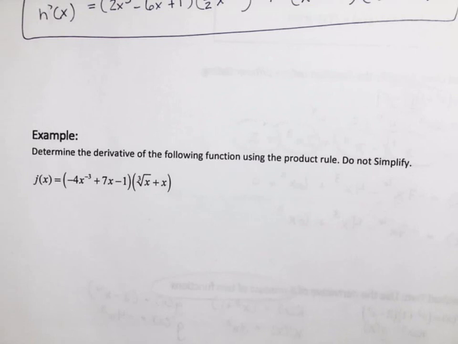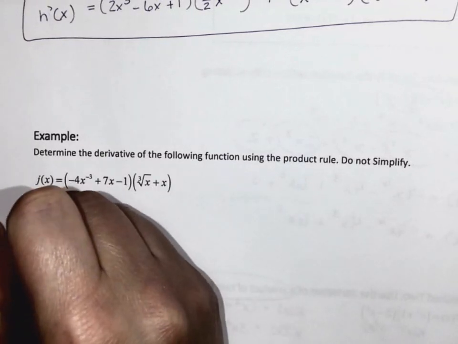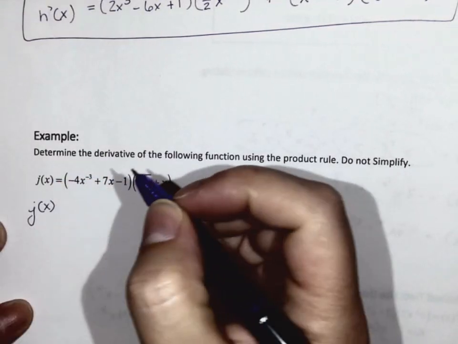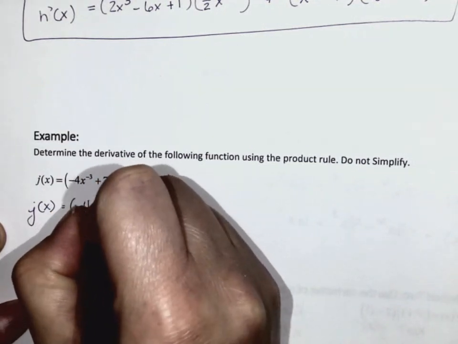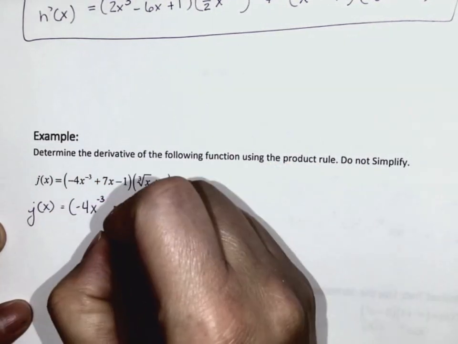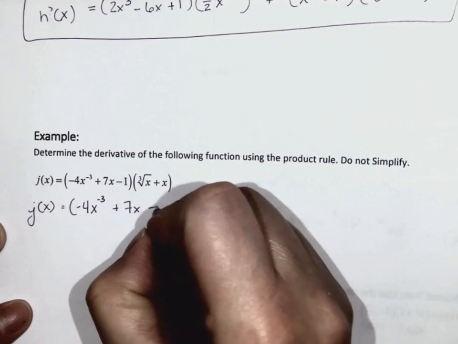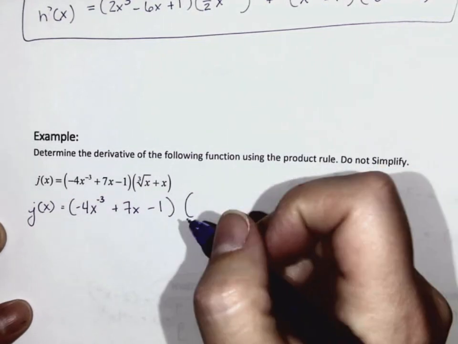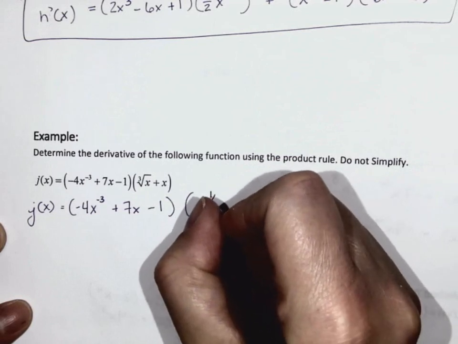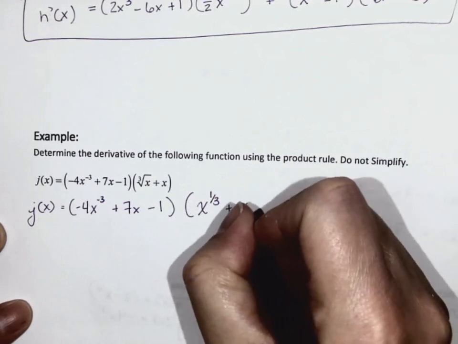Okay, let's do this one. So again, my j of x function, I'm just going to rewrite anything that is a radical as a rational exponent. So this one is a cubed root. So we're going to have x to the exponent 1/3 plus x.